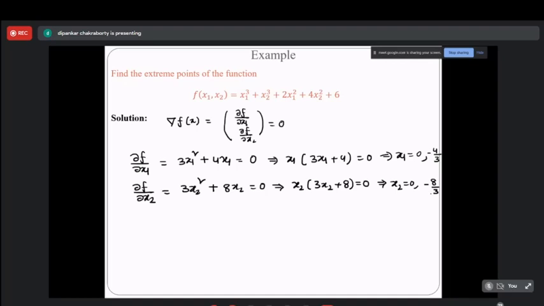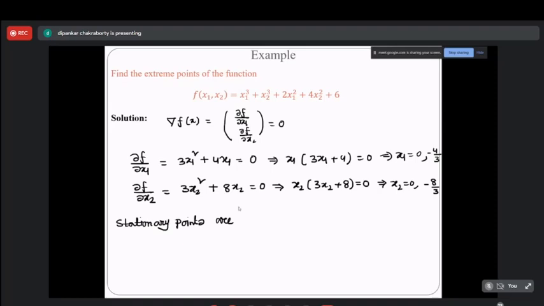So if I ask you what the stationary points are here? Anyone? What are the stationary points?